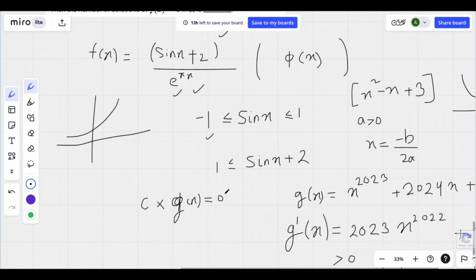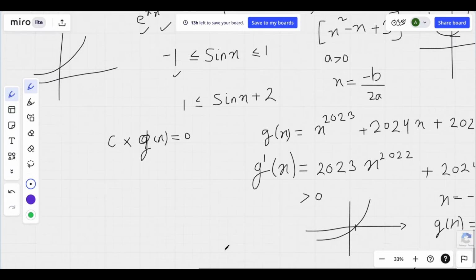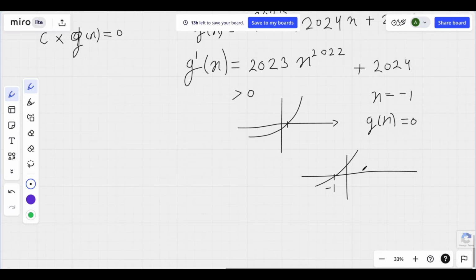This c goes to the other side, so g(x) equals 0, and we have seen that g(x) equals 0 has only one solution, that is minus 1.